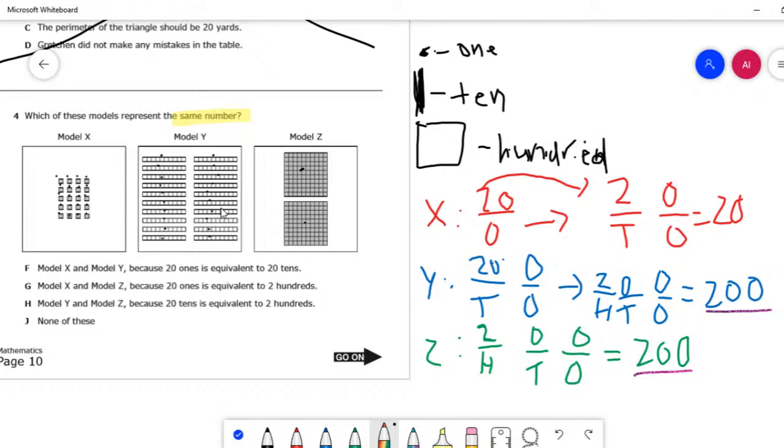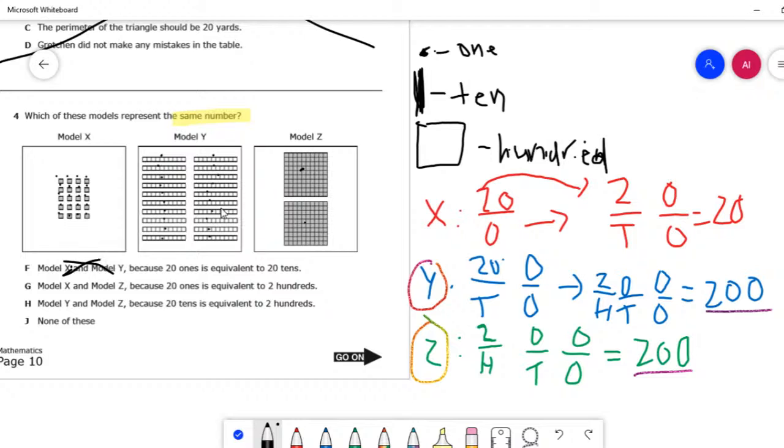So therefore, we know that it's models Y and Z. Now if we go back and look at our answer choices, choice F says model X and Y, which just reading X and Y, we already know is wrong, since X we determined represents the number 20, while Y represents 200. So we can already just X this out.